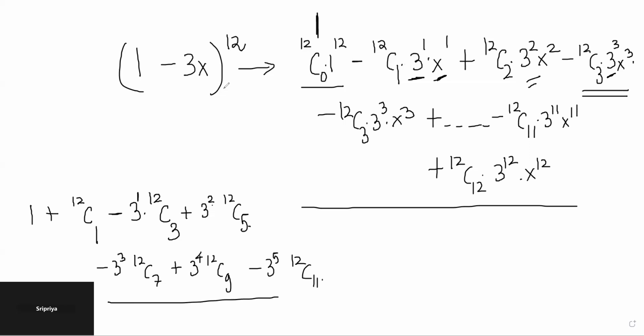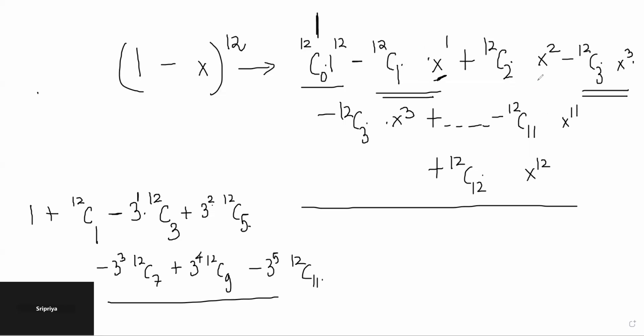Okay. So then, let me remove this completely, and I will put x is equal to 3 later. If I put x is equal to 3, I'll get 12c1 into 3, which is not correct.